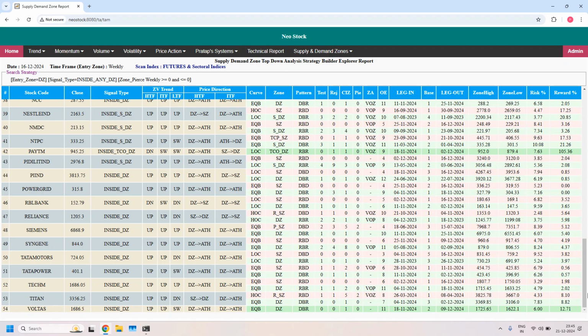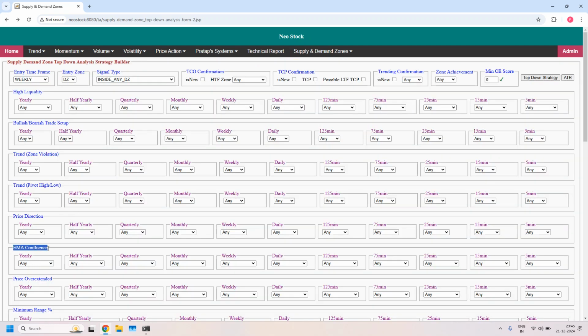Out of these 54 stocks, we can further filter based on weekly EMA confluence for the weekly demand zones. So let's add that filter, EMA confluence. At a weekly time frame, I am setting the filter weekly demand zone having weekly EMA confluence. And EMA confluence makes sense only in the trending market but not sideways.